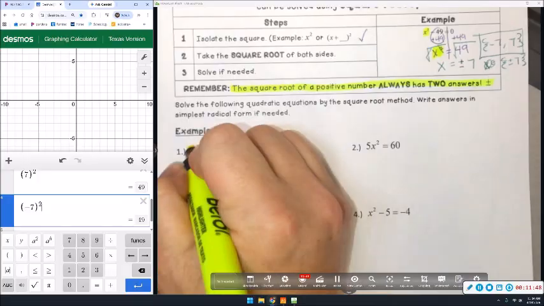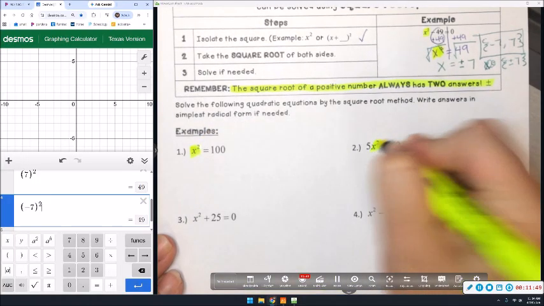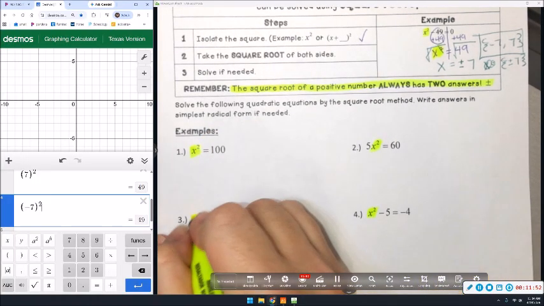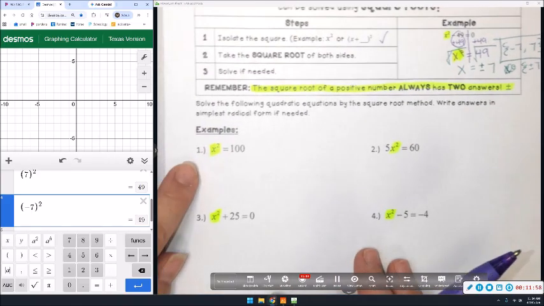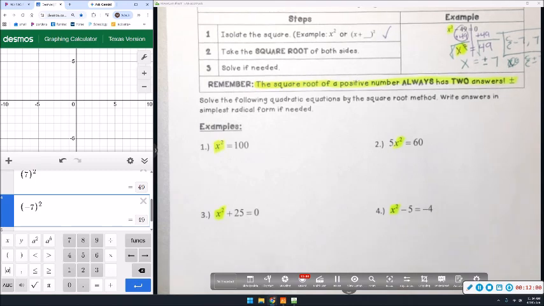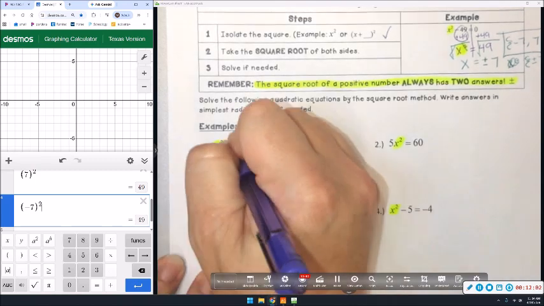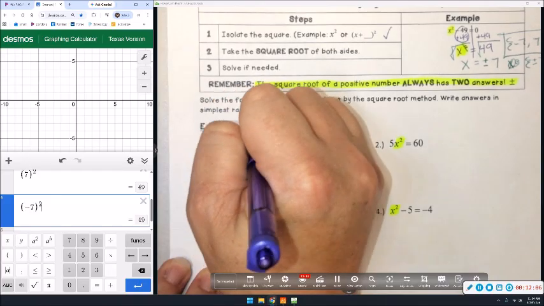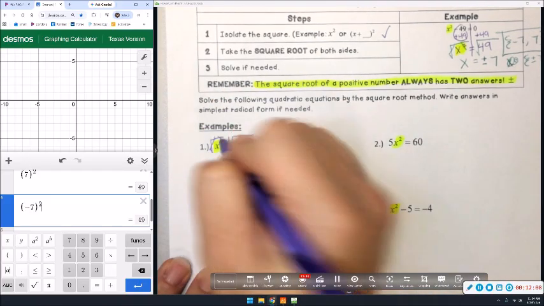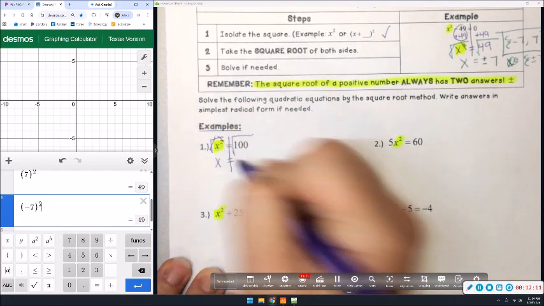Okay, so I'm going to just highlight my squares. Okay, number 1, is my square isolated? Yeah, so what do we do? Square root both sides. So square root cancels the squared on the left, and I get x by itself.